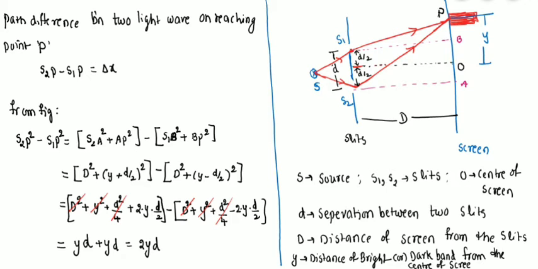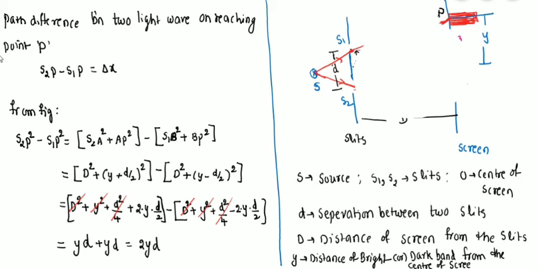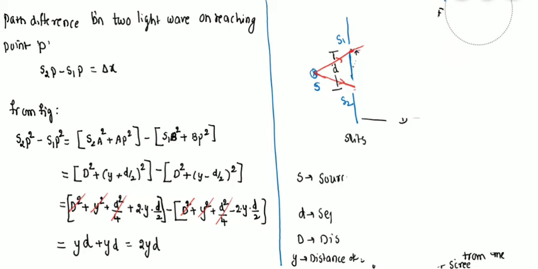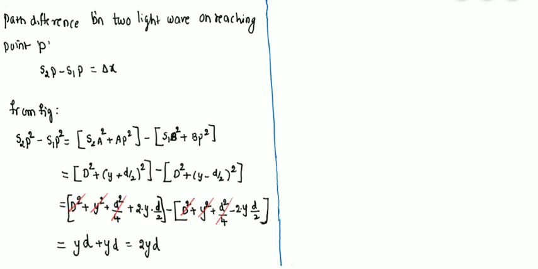Then from this, we write like this. I'm going to erase the right side. Continuing the explanation, s2p square minus s1p square we got as 2yd.